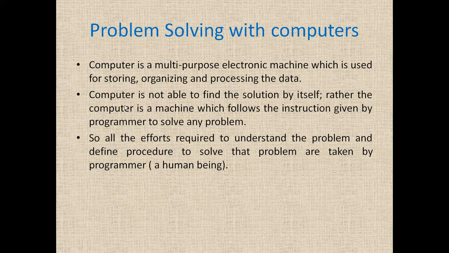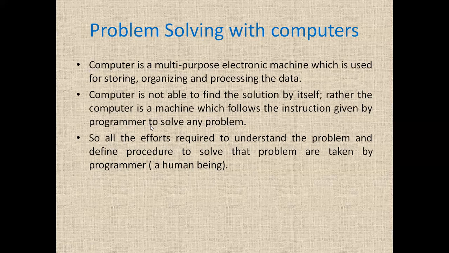So if you want the solution for a particular problem, then at that time you need to give the process with the help of which you will get a solution. Okay, so computer will not find the solution by itself as it is an electronic machine. You need to give some instruction to the computer, and only then will the computer find out the solution for it.